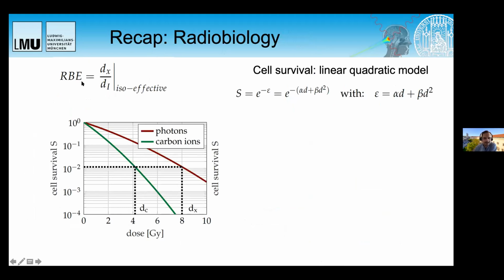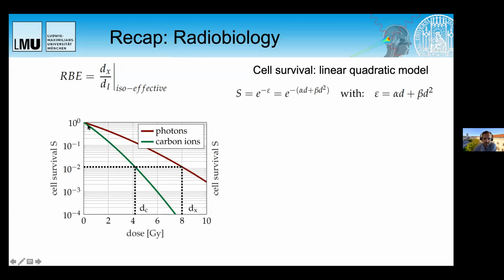The RBE is the ratio of the physical photon dose divided by the physical ion dose, given they are isoeffective. As we have just heard, for carbon ions it turns out that we need less physical dose to achieve the same cell killing compared to photons. For photons, in this very simplistic example, we would almost need twice the dose to achieve the same cell survival.